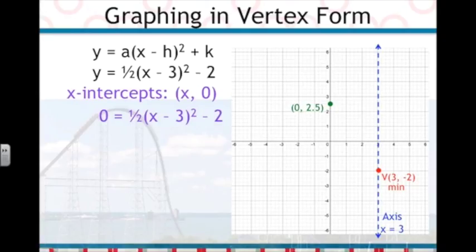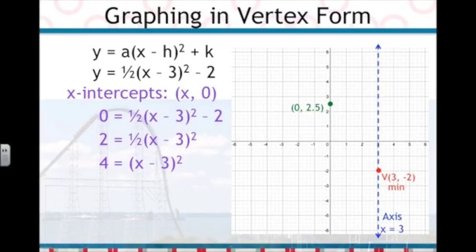But because of the form it's in, we don't need to solve it by factoring or the quadratic formula. Here's how we'll do it. We're going to get the x minus 3 squared by itself first. So we'll add 2 to both sides to get 2 equals 1/2 times the quantity x minus 3 squared. Then we'll multiply both sides by 2 to get rid of the 1/2 in front of the parentheses.